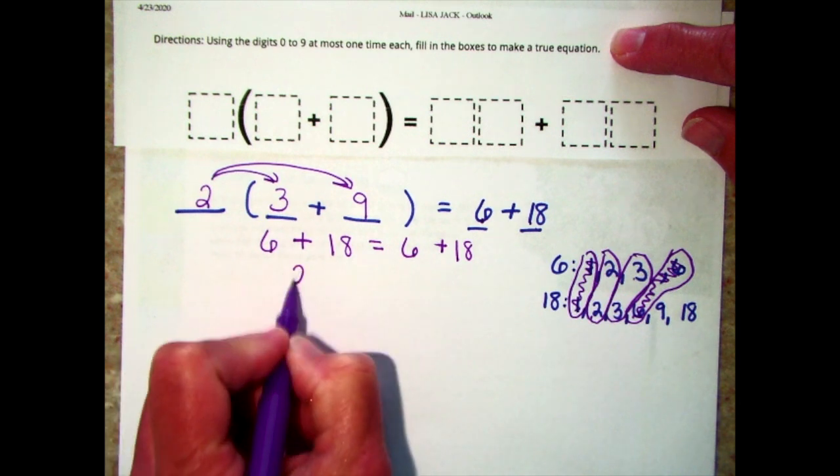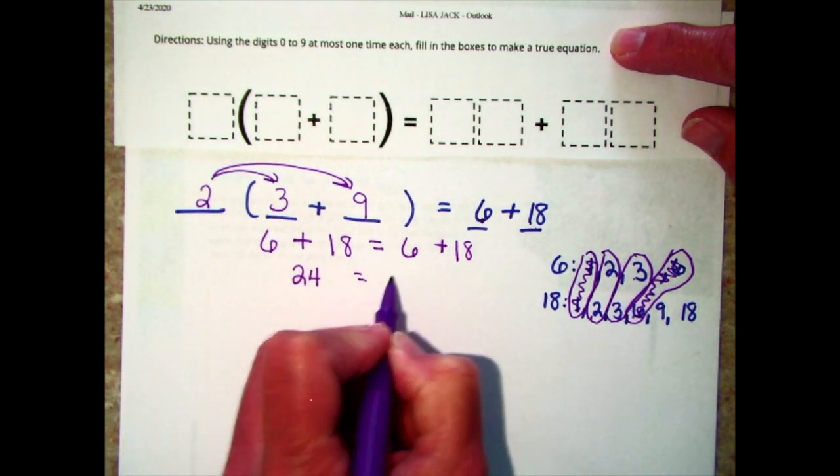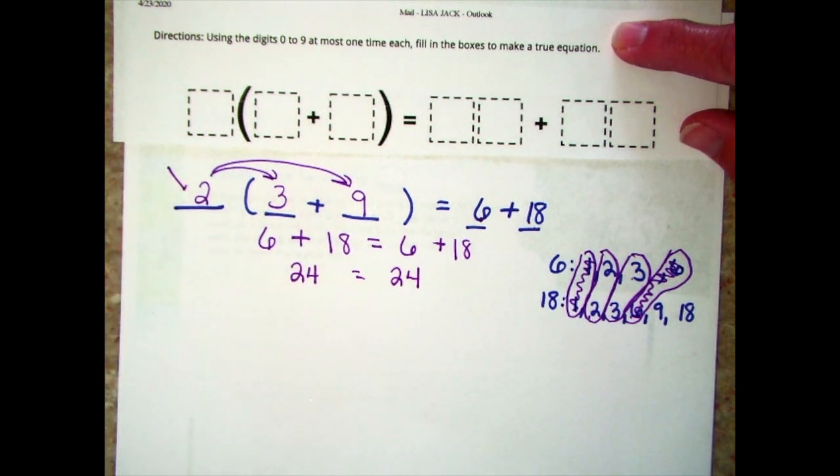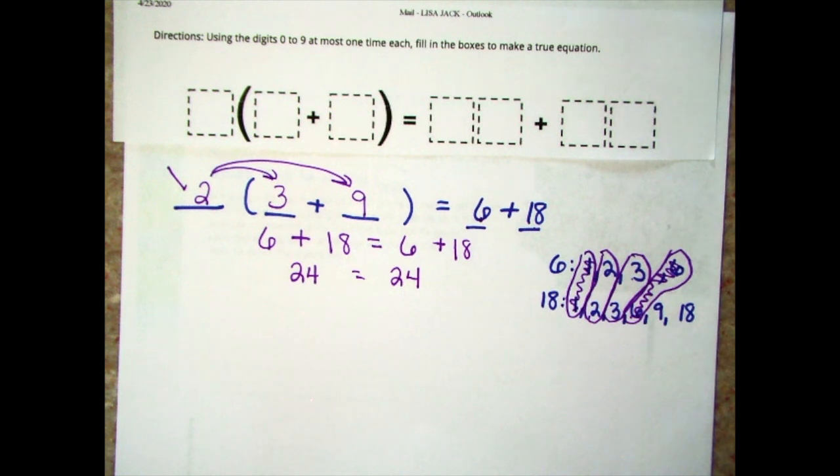This side is 24, and this side is 24. And therefore, we do have a pair that matches. Now, there are 23 other answers that you could have gotten that would have been correct to this kind of problem. Let me write you one more so that you have at least one more to go by.